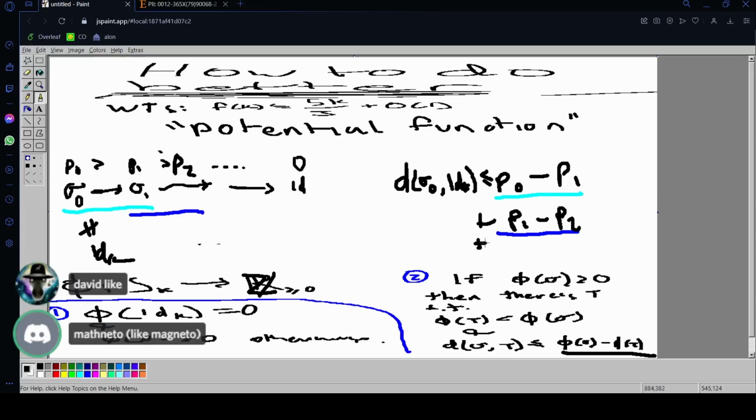And you continue until you get to the final potential minus 0.